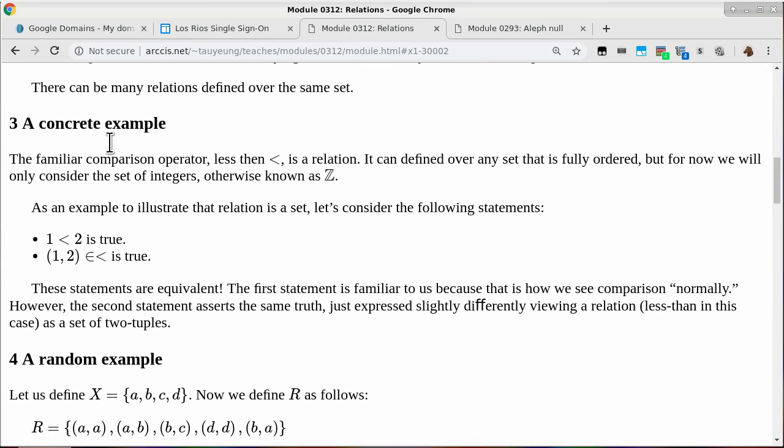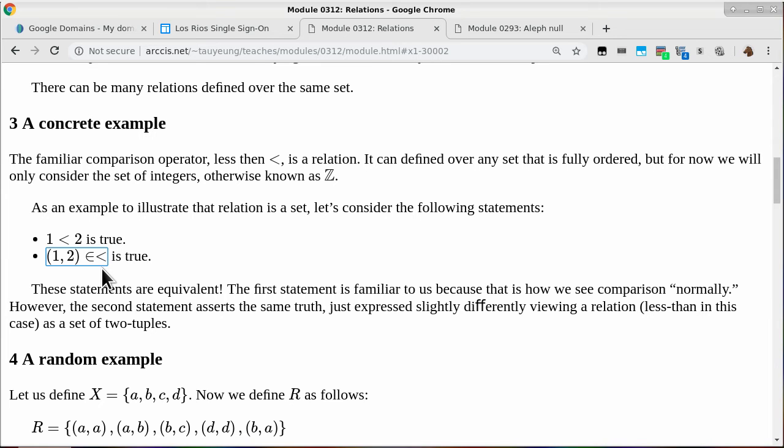The super concrete example uses the relation less than, and we want to define it over the set of all integers. Do we have a problem with 1 being less than 2? 1 is less than 2, so that means (1, 2) as a 2-tuple is in the relation less than.